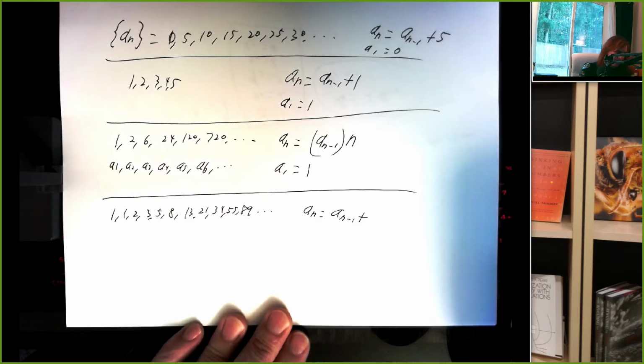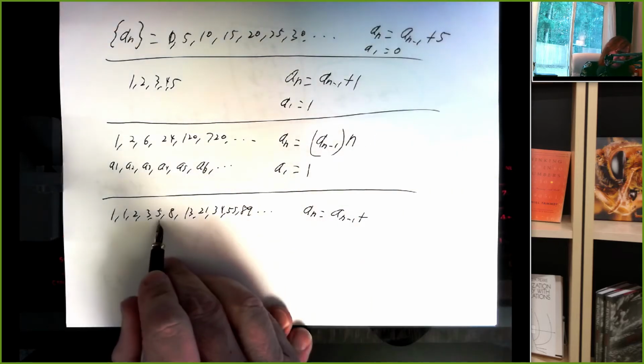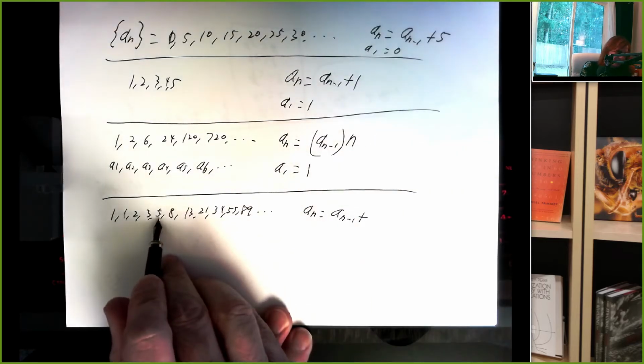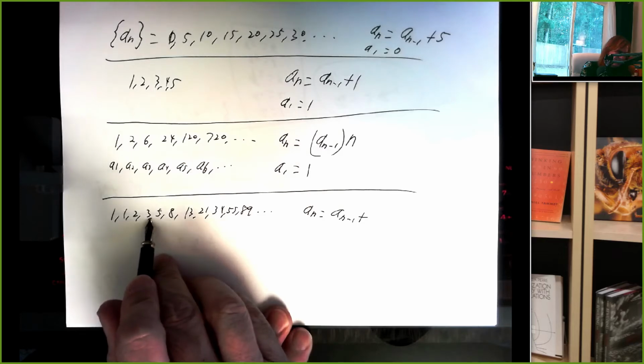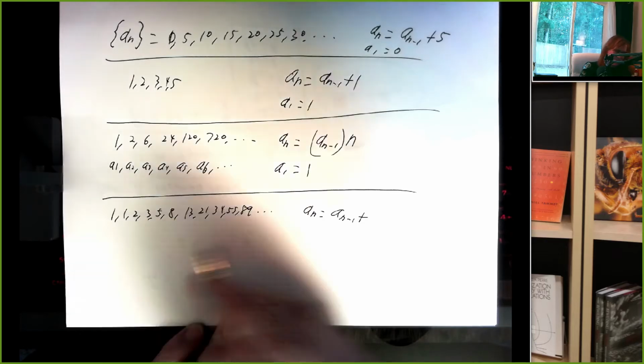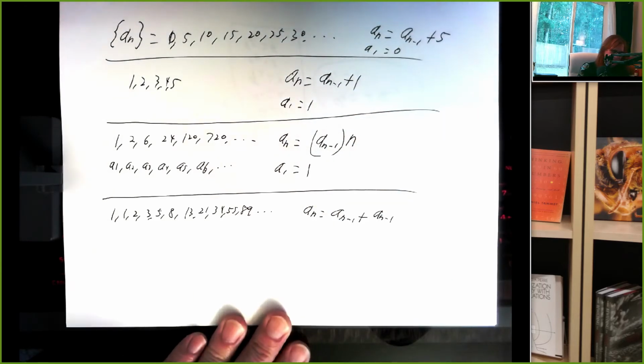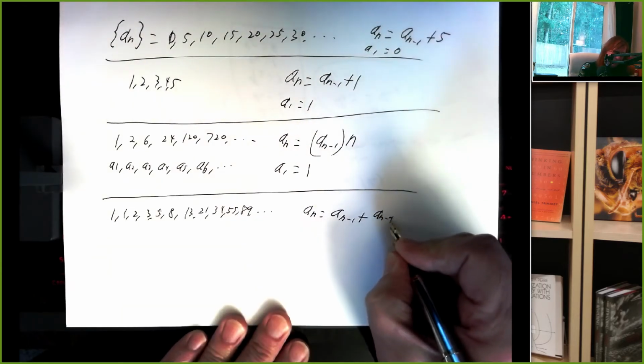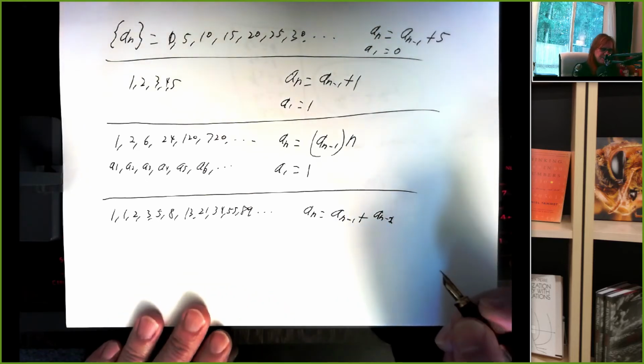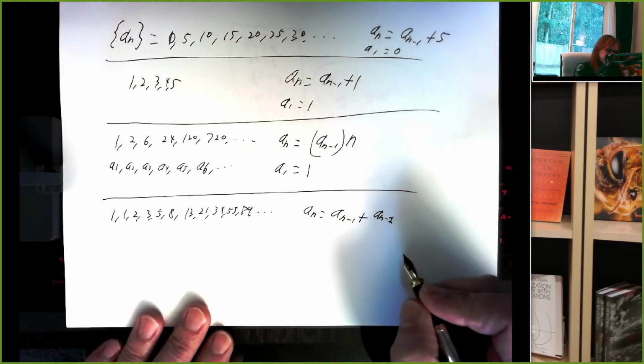So the nth number is the n minus first number plus the n minus second number. Right, so a sub n is a sub n minus 1 plus a sub n minus 2.